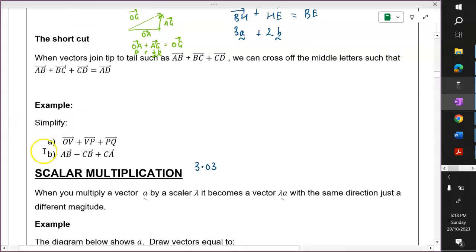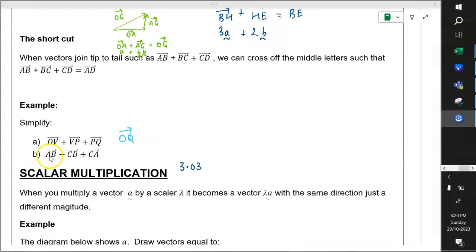So if we had, for example, OV plus VP plus PQ, they're joining, so we could call that vector OQ. In this case, if we've got A to B minus C to B plus C to A, if we're crossing off those middle terms, we've got A to A, which is just the 0 vector in that case. And there are our notes.